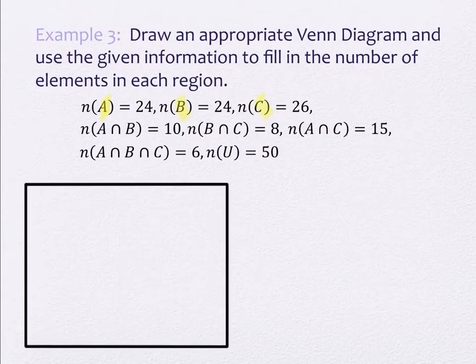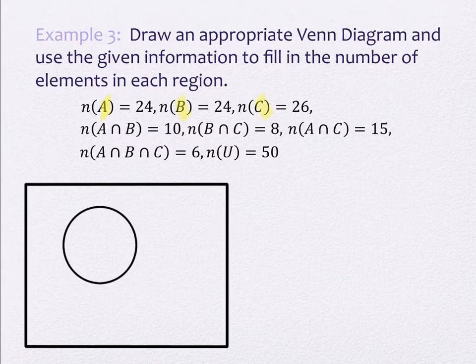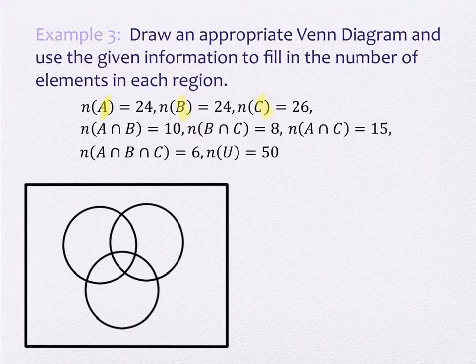I've got a rectangle with three overlapping circles. And we'll label them just like before, A, B, C, and our universal set U.